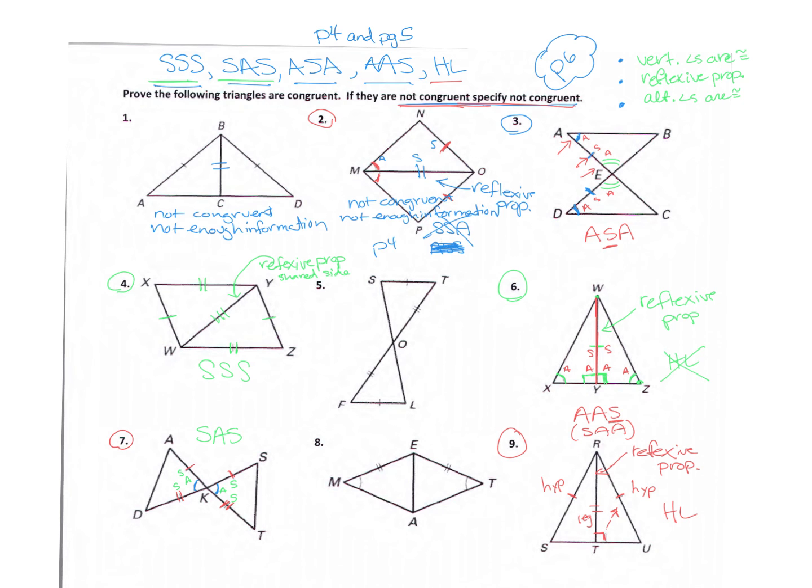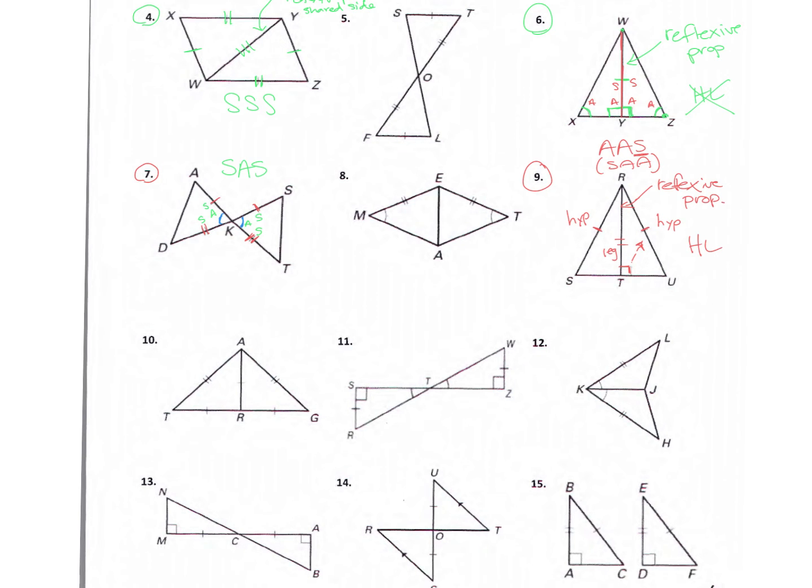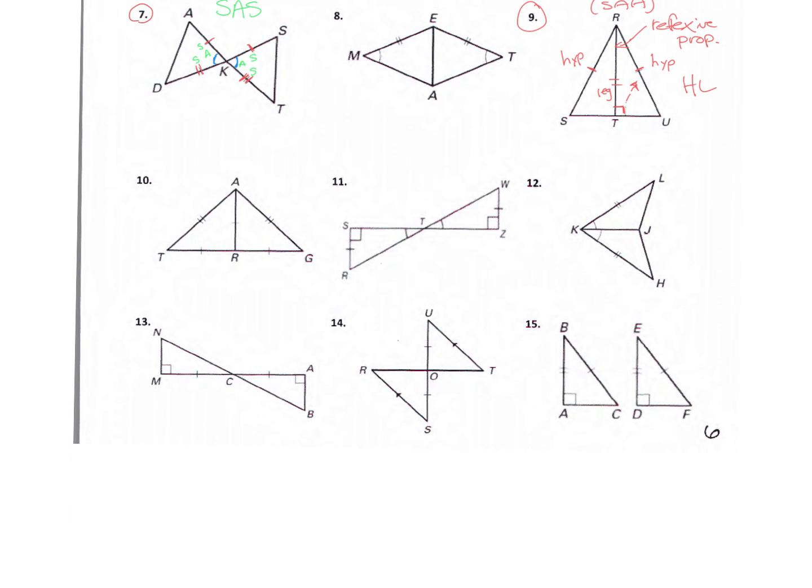Before we leave this page, let's go down and look at my one problem that has alternate interior angles in it. So if you go looking down on this page, I only have one example that has parallel line arrows. Those are not congruent marks. Those are parallel line arrows.